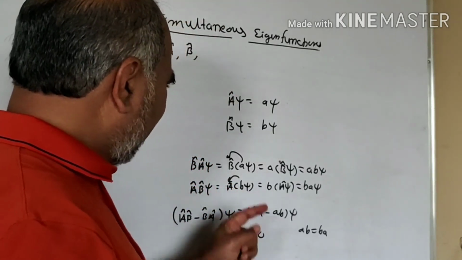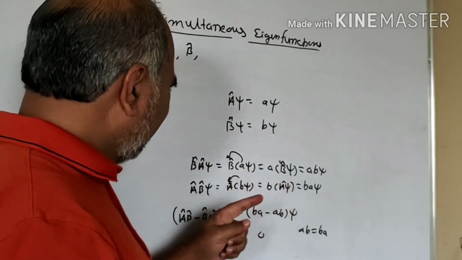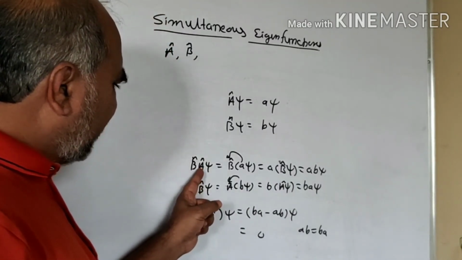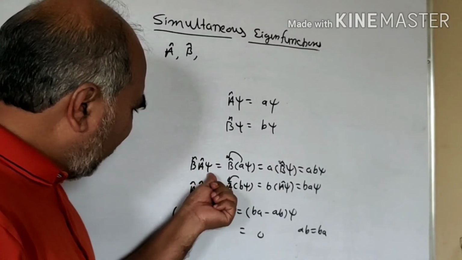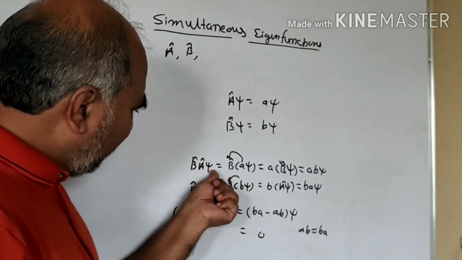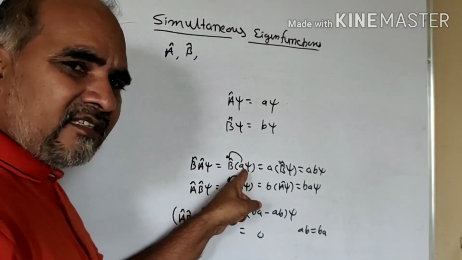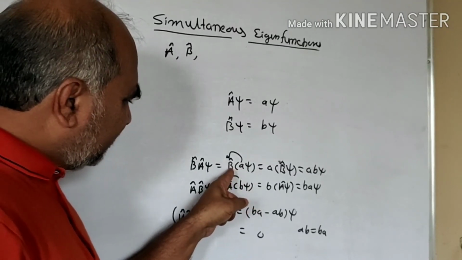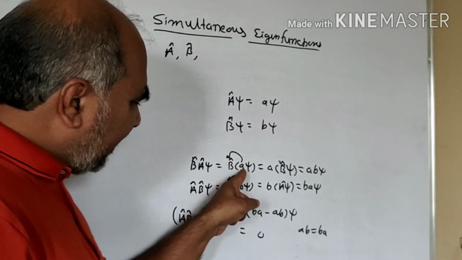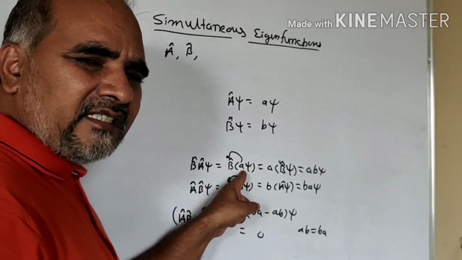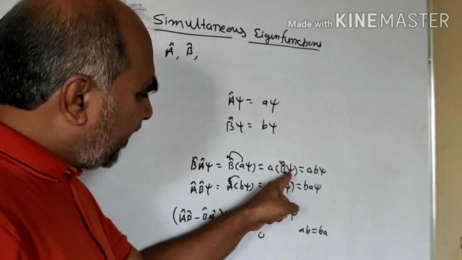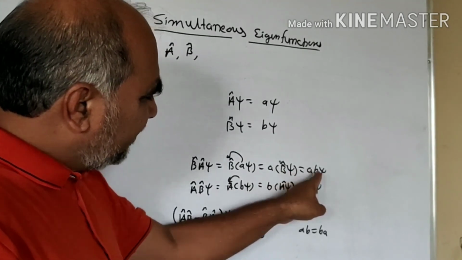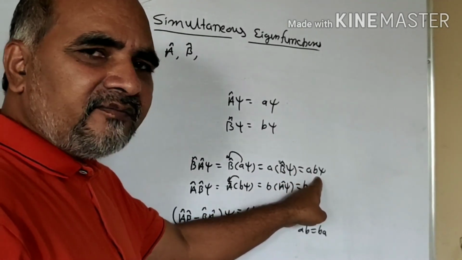Now there is another property we can state. When AB operates on psi, first B operates on psi, giving b psi, and A outside. Now b is a scalar, an eigenvalue, so it comes out, and A operates on psi giving a psi, so the result is ab psi.